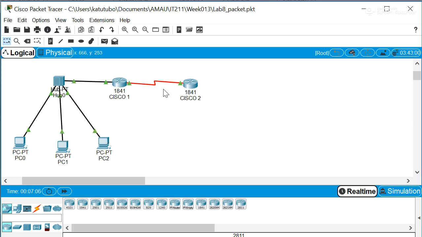But for a WAN connection, it's just like this from Cisco 1 to Cisco 2. So the WAN uses routers, but a LAN connection doesn't have to be connected with a router. Just a hub for a star connection, so they are able to communicate with each other.